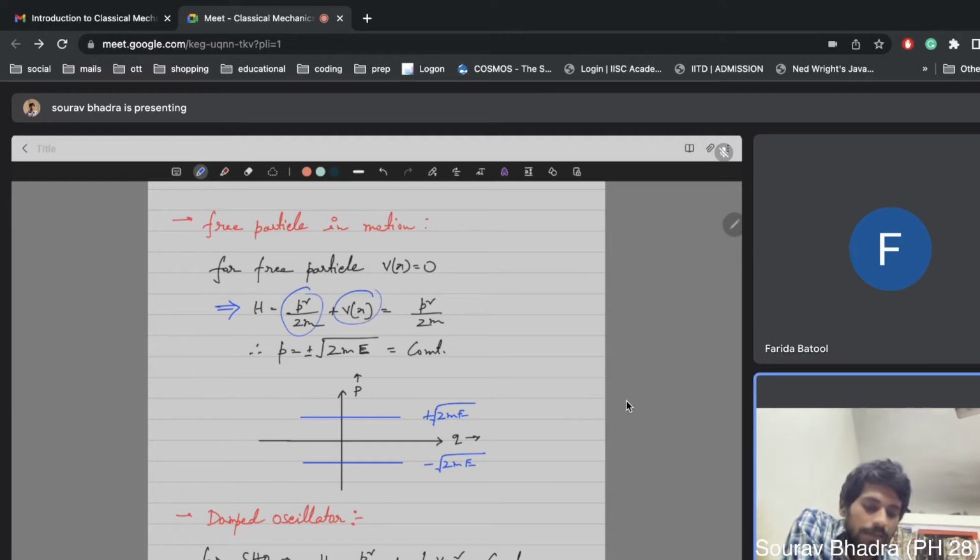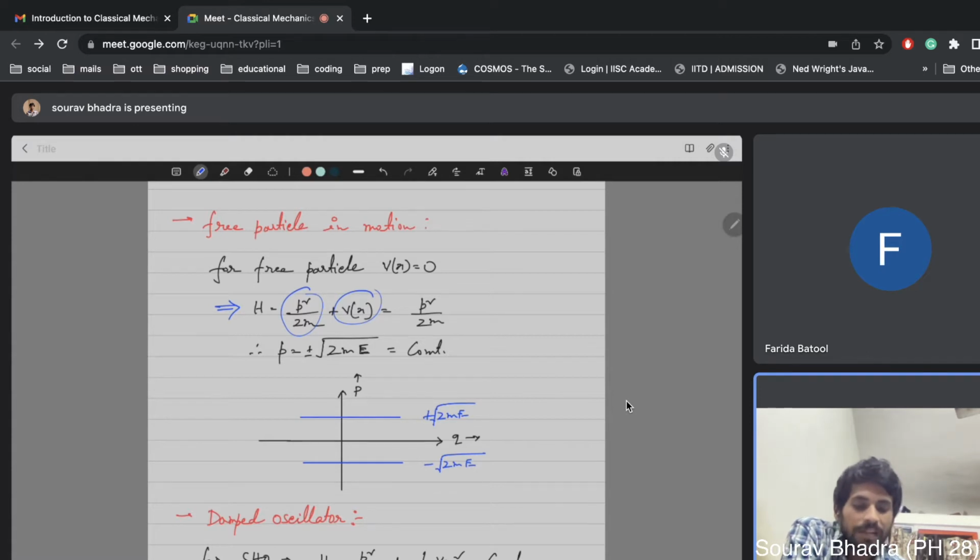Now as I mentioned, it is a free particle. That means there is no potential, so V(x) equals 0. Your only equation is H equals p square by 2m.